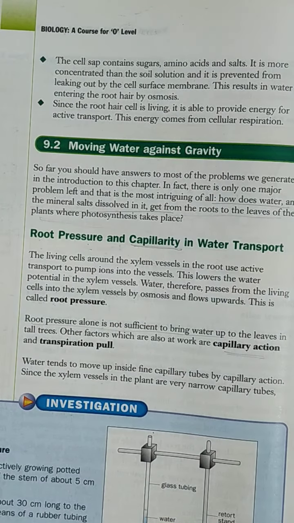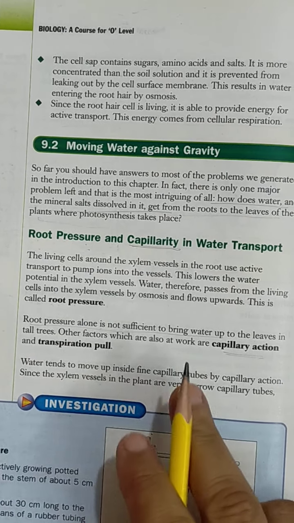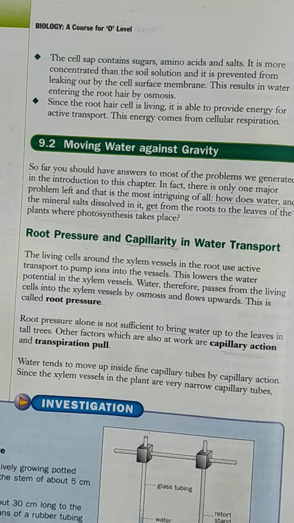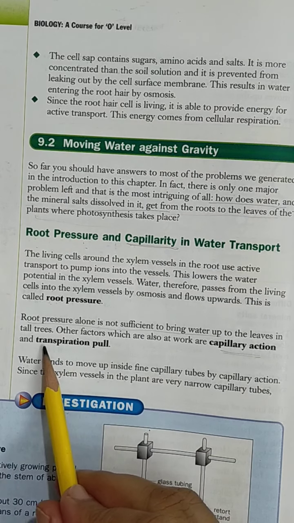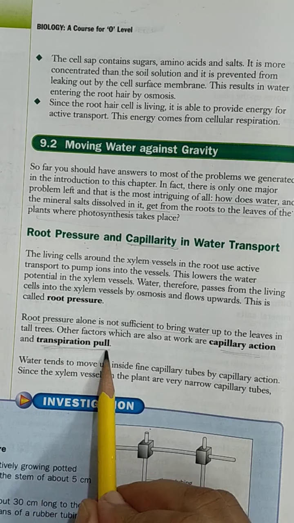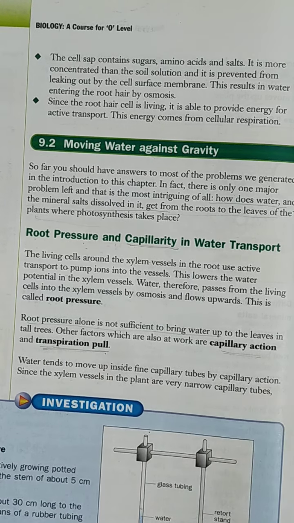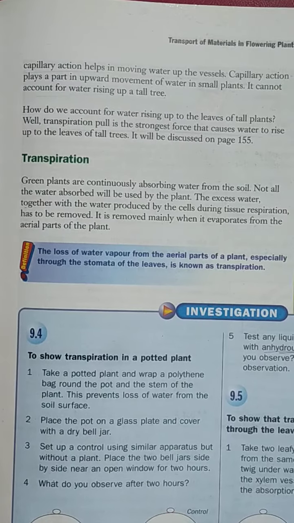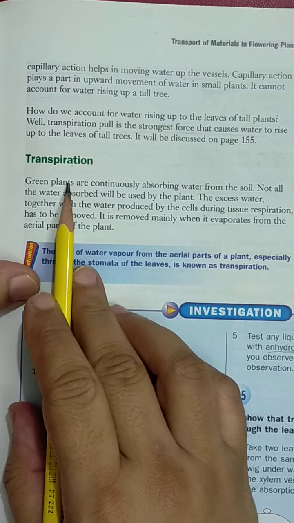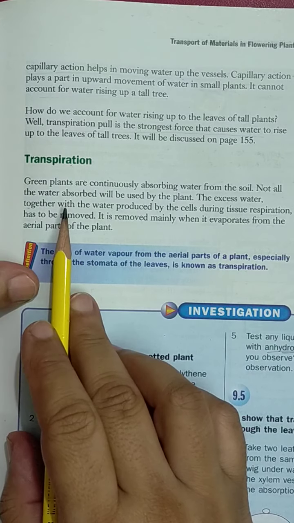The latest concept about the movement of water up into the xylem vessel is called transpiration pull. Before transpiration pull, I will define transpiration. You already know transpiration is the removal of water from the aerial parts of the plant.